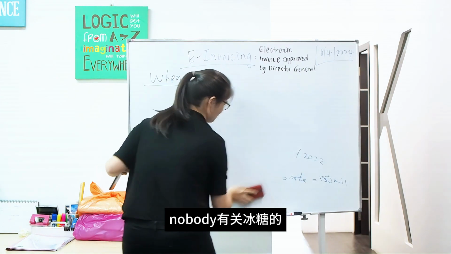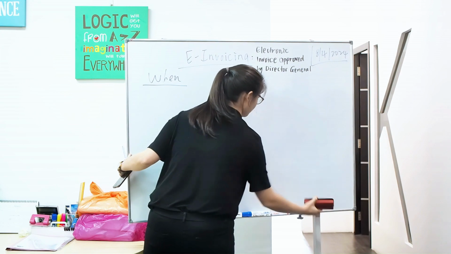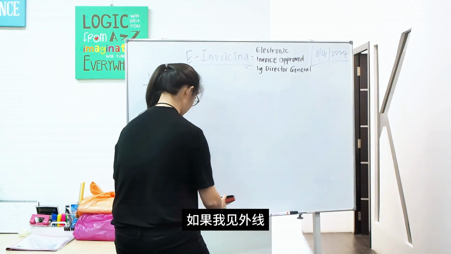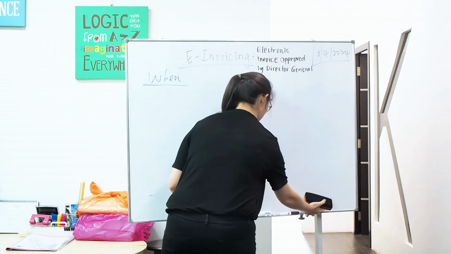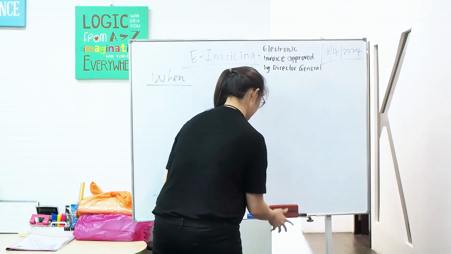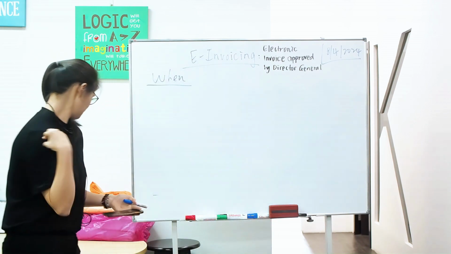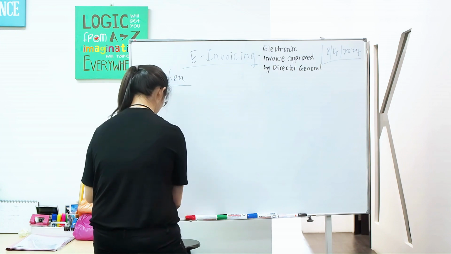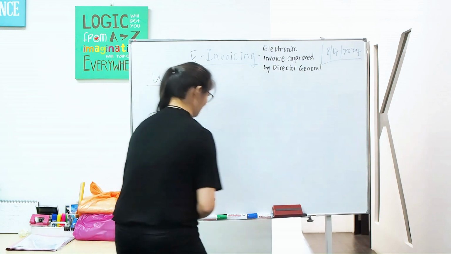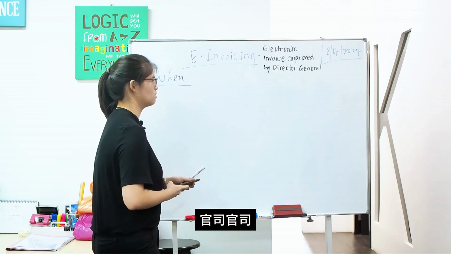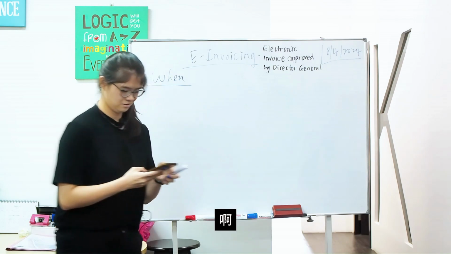Nobody will buy things from them because their invoices are not e-invoices, so basically they cannot get tax deductions. Why I say you cannot get tax deductions is because of big companies, right? Normally, I think they are out of business. Consequences. Okay.